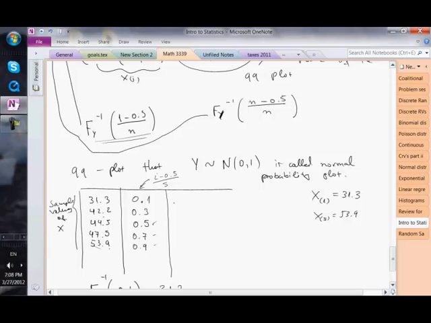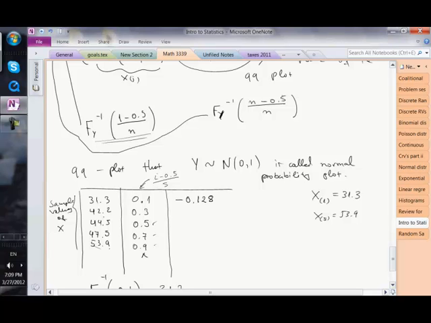I see where the values are equal to 0.1. Well, it takes a little bit of search here. One such point is negative 1.28. So that's what I'm going to take.